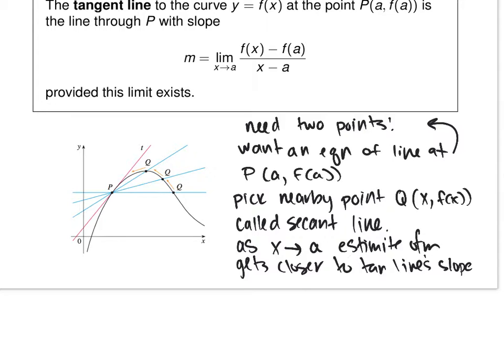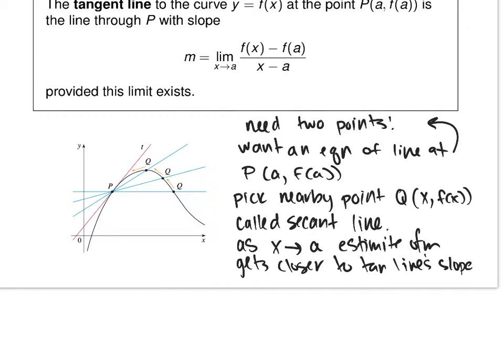Let you catch up writing, then we'll talk about where that slope equation comes from. Okay. So in this picture, what are P's coordinates? They were given in the box above.